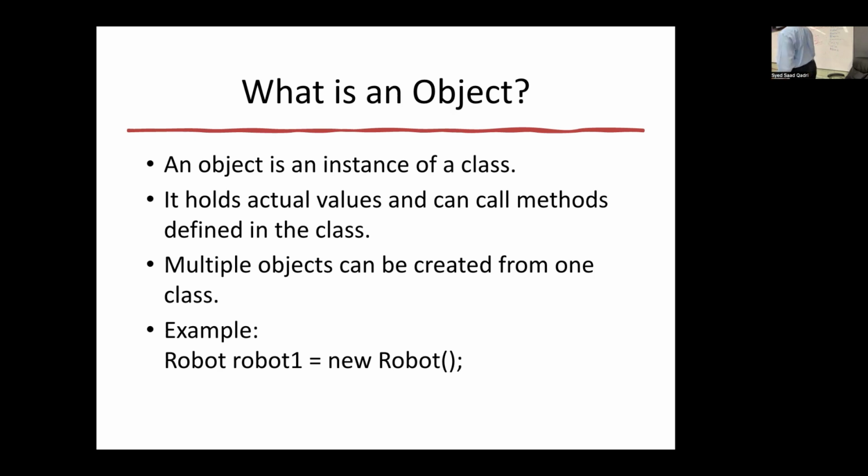So what we're saying is, Java, I want you to create a memory called robot1 of type Robot, and I want you to contact the Robot constructor to fill it with its initial values. So if I want my robot to have a name of A and a speed of 10, that constructor will do that.